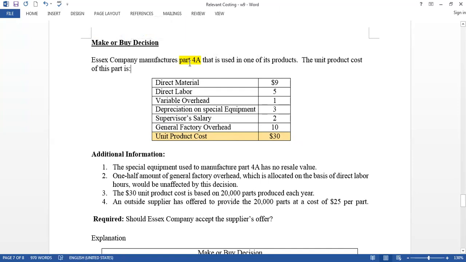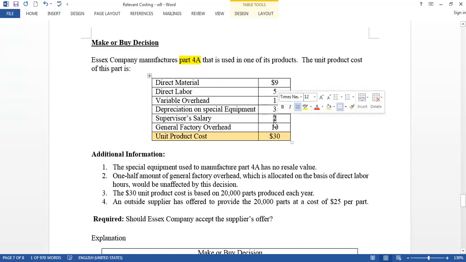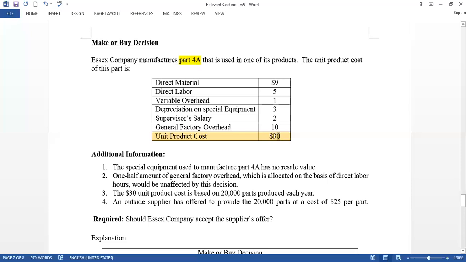If you want to produce this product, your direct material per unit is $9, direct labor per unit $5, manufacturing overhead $1, depreciation expense $3, supervisor salary $2, and general factory overhead $10. So this is the cost if you produce one product, and the total cost is $30. Do you understand? So if you produce one unit, your cost is $30.